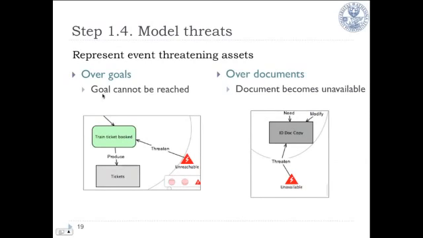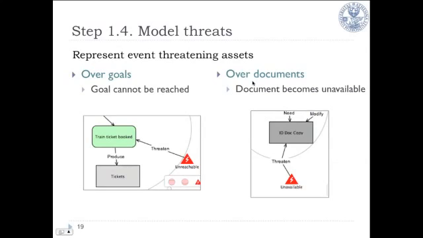For instance, when expressed over a goal, a given event could specify that the goal cannot be reached, and we want to see, if this given goal is threatened, how it would affect the rest of the stakeholders' assets and interactions.